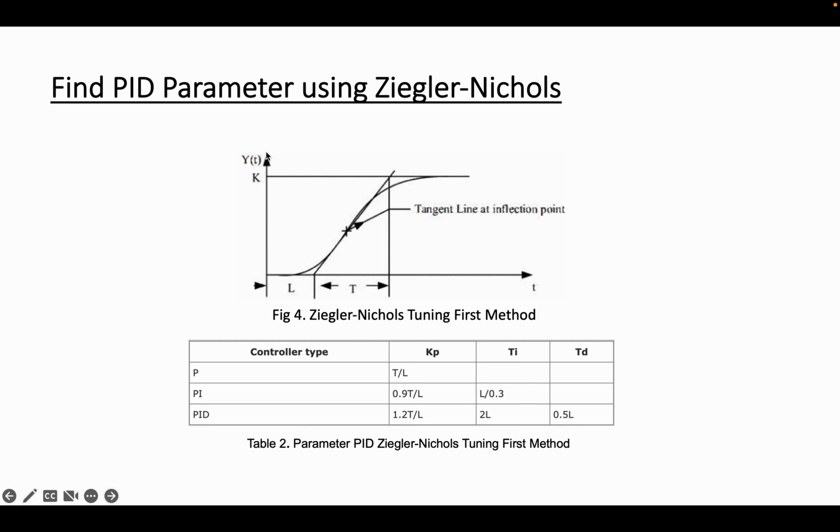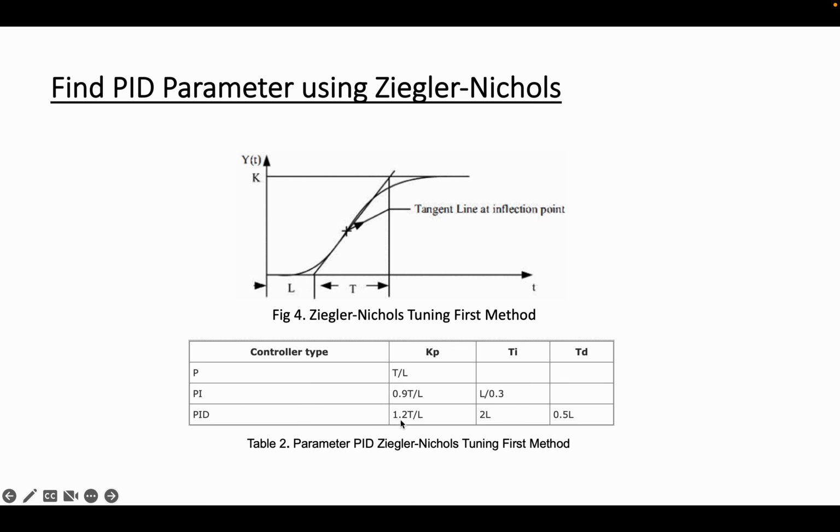After we get the open loop response of the system, we can draw the tangent line at the inflection point, so we can find K, L, and T. From these parameters, we can find the PID parameters. For P, Kp is T over L. For PI, Kp is 0.9 T over L and Ti is L over 0.3.